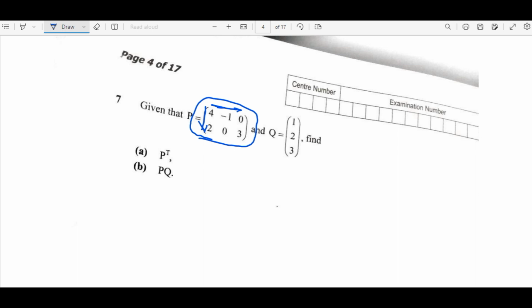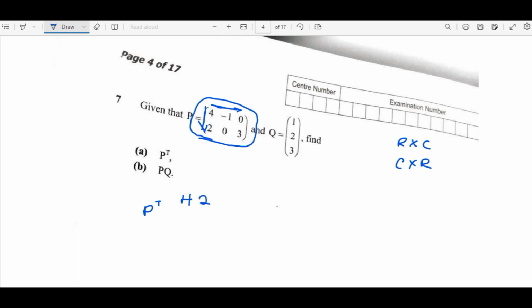Now the first question is the transpose of P. When they say the transpose of P, this is the simplest one, meaning that you have to change rows into columns and columns into rows. If we are saying that it is row by column, it will change to column by row. That is the transpose. So we would say 4, and then 2.